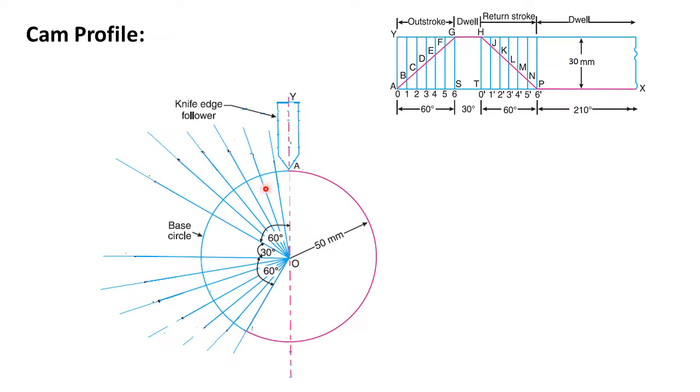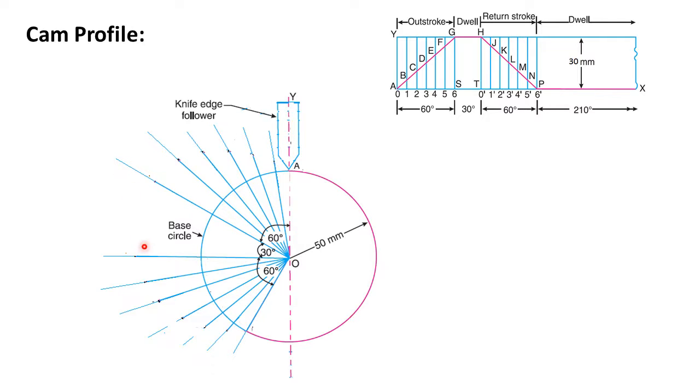Measure 10 degrees from here, mark a point, 10 degrees, mark a point, 10 degrees, mark a point, and passing through the center, draw all these lines, 1, 2, 3, for every 10 degrees. Even if you draw these lines a bit longer, it is fine.